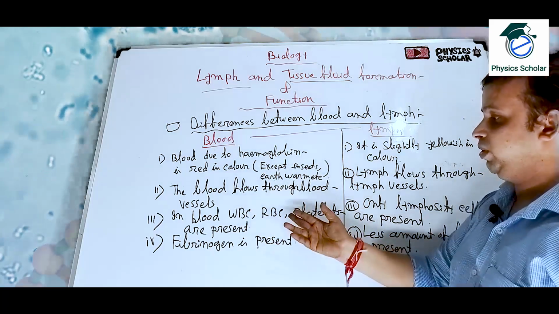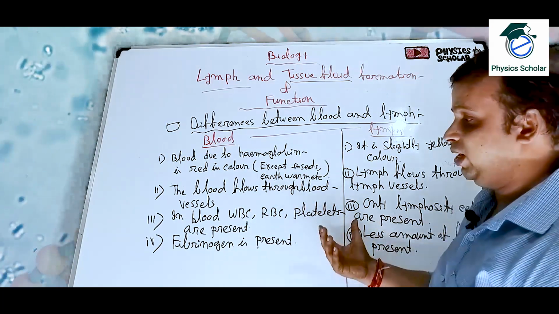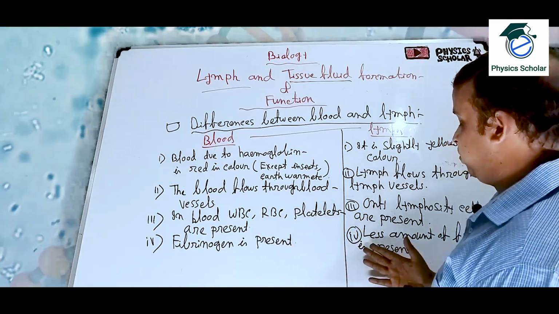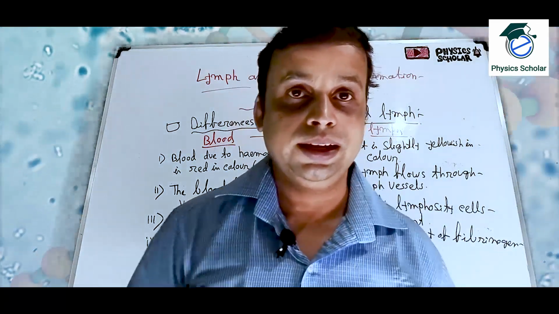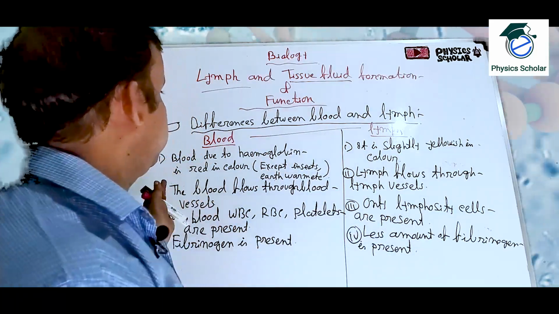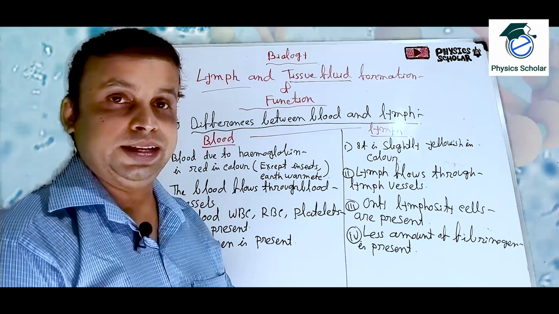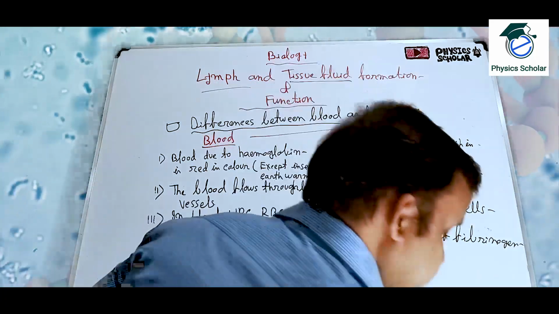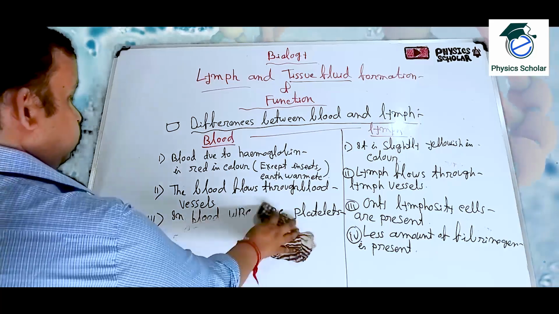WBC, RBC and platelets are in blood; here only lymphocyte type of WBCs are there. The amount of fibrinogen is lesser than that of blood. So these are basically the differences between blood and lymph. Now let us move to the next topic.